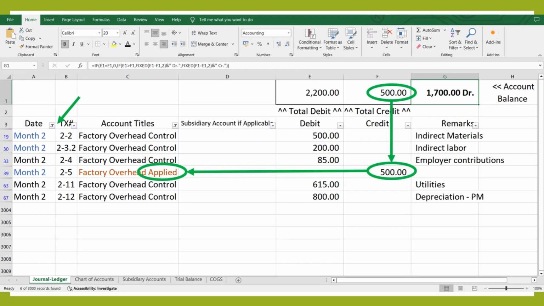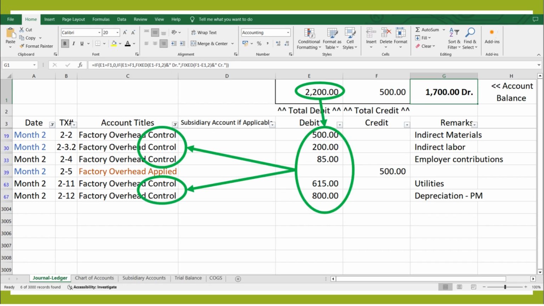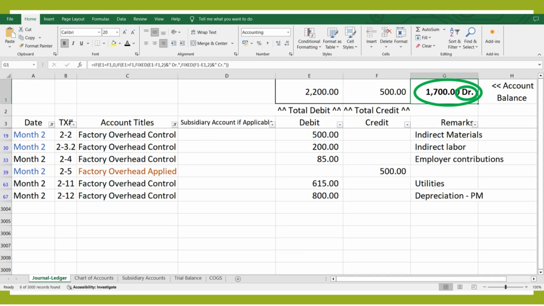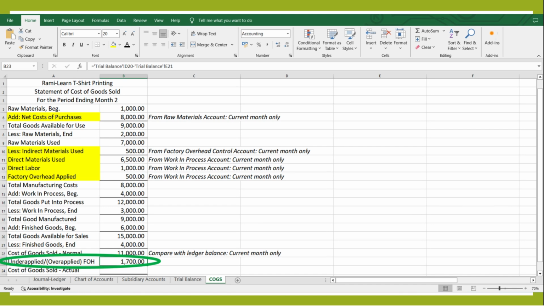In this case, we have 500 pesos for factory overhead applied, and we have a total of 2,200 pesos for factory overhead control. A total debit amount of 2,200 pesos for factory overhead control minus a total credit amount of 500 pesos for factory overhead applied gives us a debit balance of 1,700 pesos.